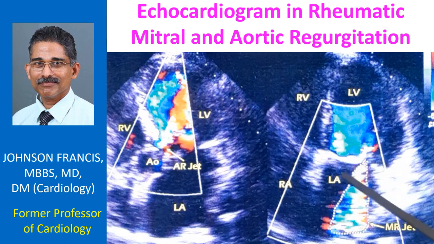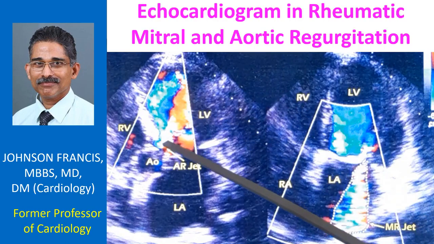When the jet is eccentric, the assessment of area for noting the severity may not be correct. It will underestimate if the jet is eccentric. But in a central jet, it's fairly reasonable. But color Doppler estimation of severity is mostly semi-quantitative. You cannot say it is a highly quantitative estimation.